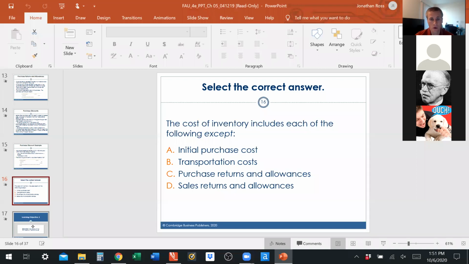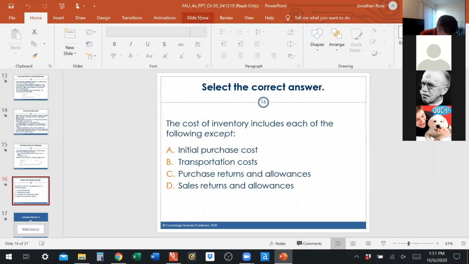You have to debit inventory for the shipping costs, like we said. Usually the buyer does have to pay that. So the cost of inventory will include initial purchase costs. It will include transportation costs if the buyer has to pay it, which they usually do. And it will include purchase returns and allowances.